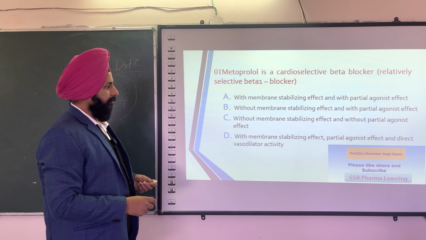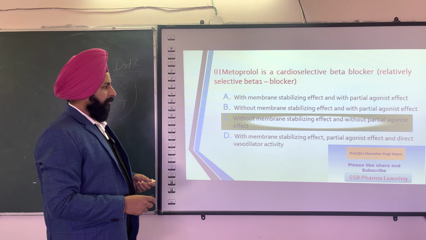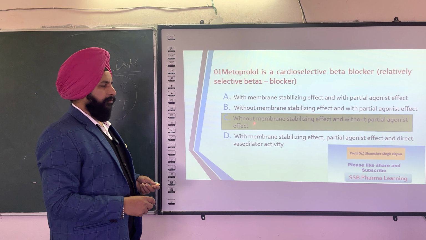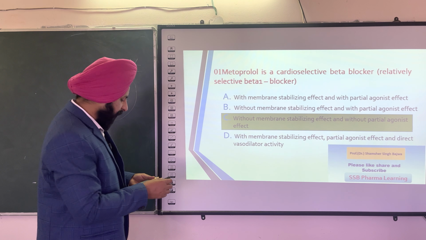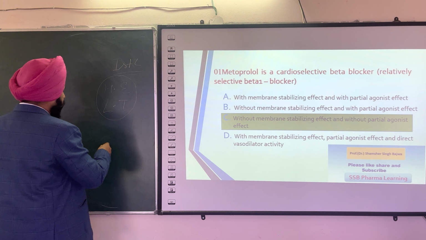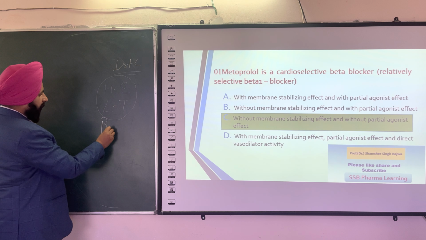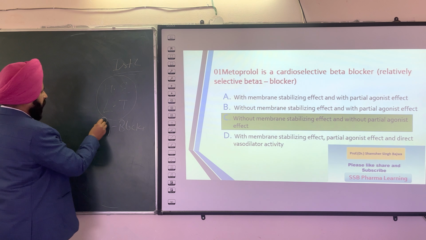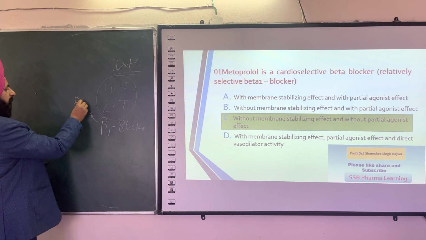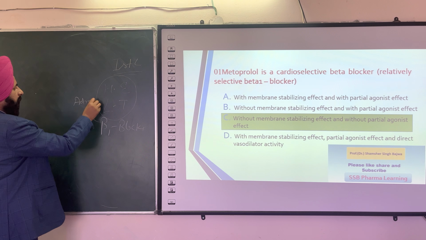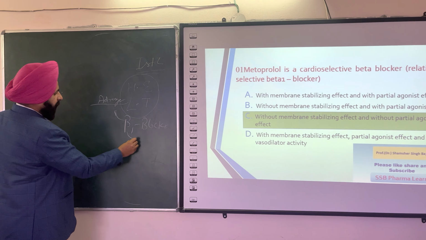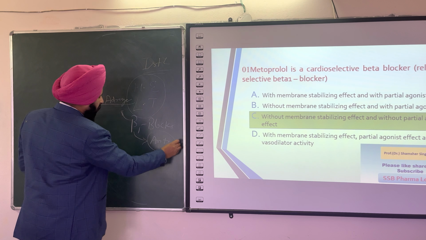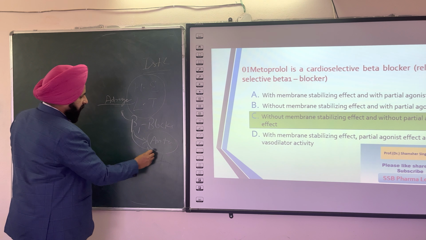The right option for this is without membrane stabilizing effect and without partial agonistic effect. You know that this drug is called a beta 1 blocker. First thing you can remember, this is an adrenergic drug, and beta 1 receptors are present on the heart and SA node.